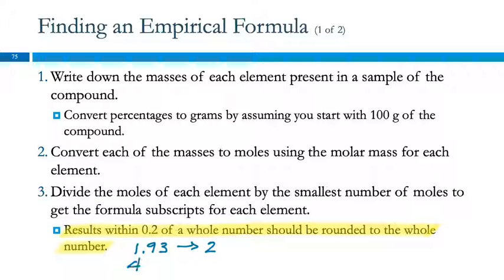If I had 4.19, I could round that down to 4, because the difference between what I'm rounding and the whole number is 0.19. It's 0.2 or less. The difference here is 0.07. If I have something like 6.23, I can't round that. I have to do something else with that.